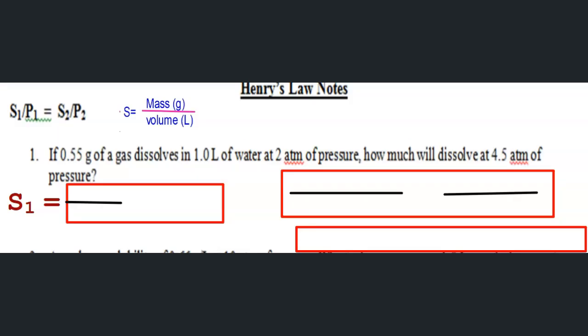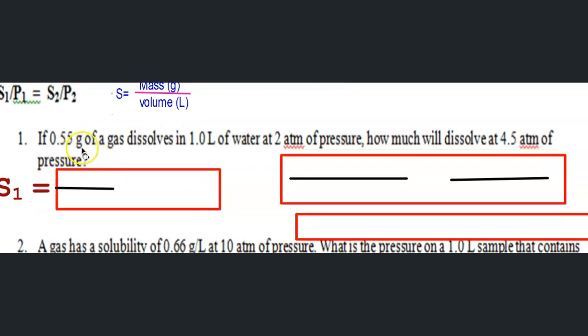We're going to work through some problems using Henry's law. The first problem is, if you have 0.55 grams of a gas dissolved in 1.0 liters of water at 2 atmospheres of pressure, how much will dissolve at 4.5 atmospheres of pressure? So in this situation, we have our grams of gas and the liters, and we know the pressure is 2 atmospheres.